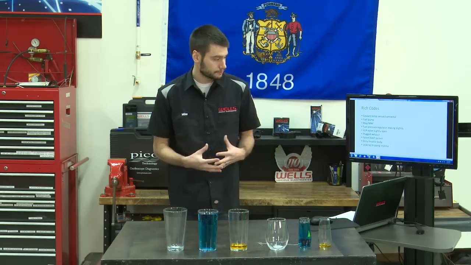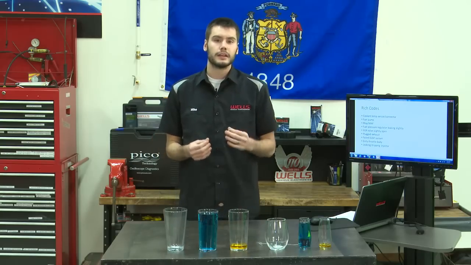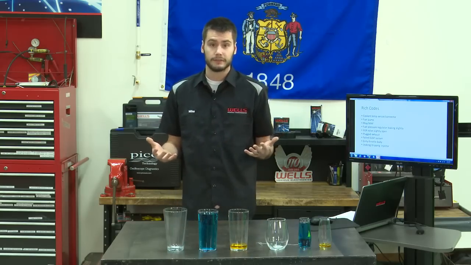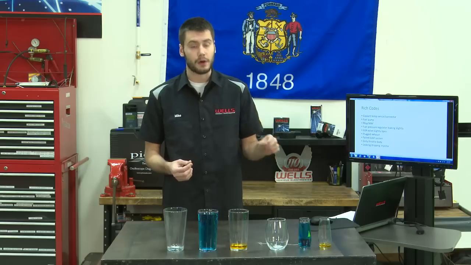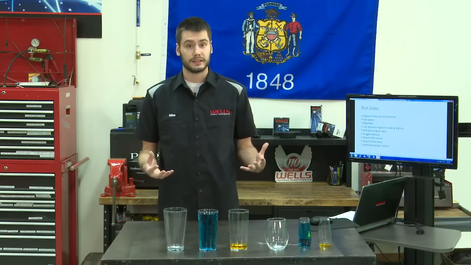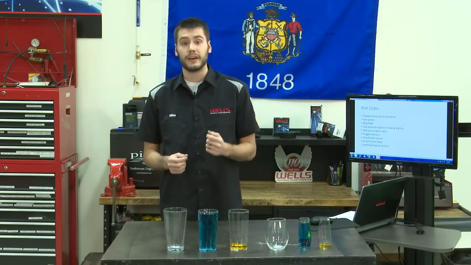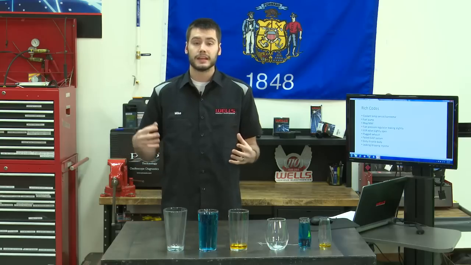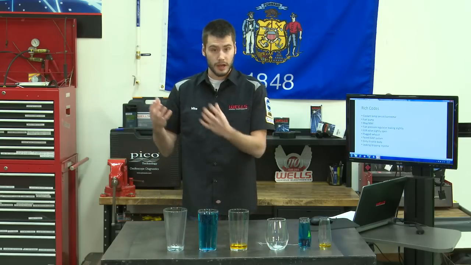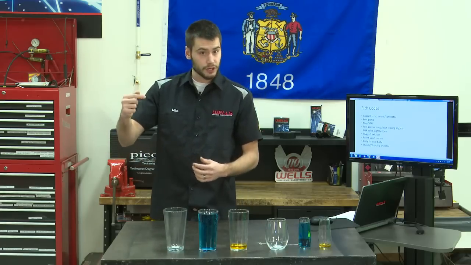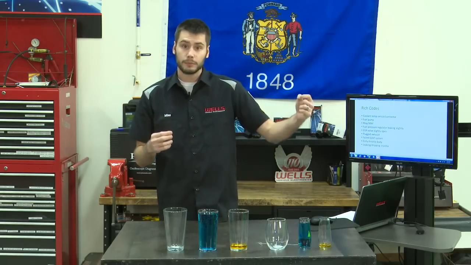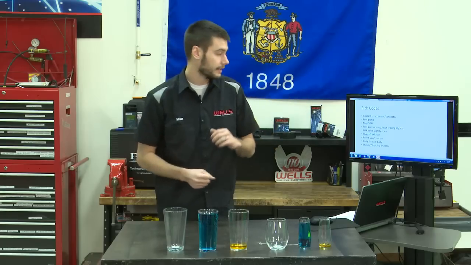So on initial failure, the vehicle was running lean because it essentially had a vacuum leak. It was drawing all the air out of the evap system, sucking it into the intake manifold. Now, as that system kept drawing vacuum on the entire evap system, it started to actually draw raw fuel out of the gas tank, up into the charcoal canister, and eventually into the purge solenoid, and in the end, into the engine.